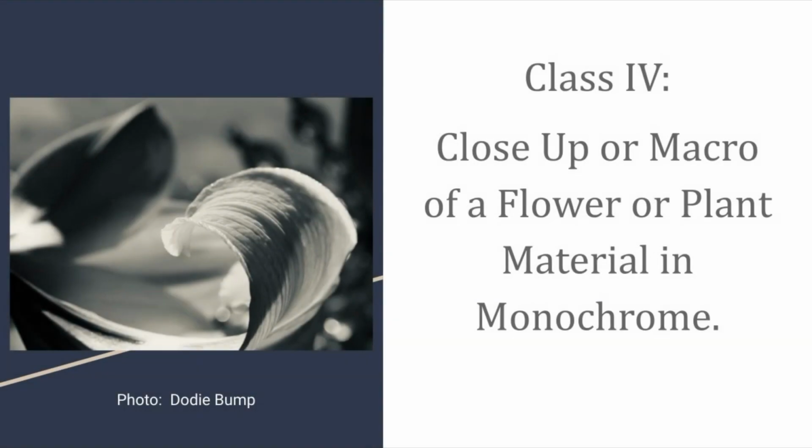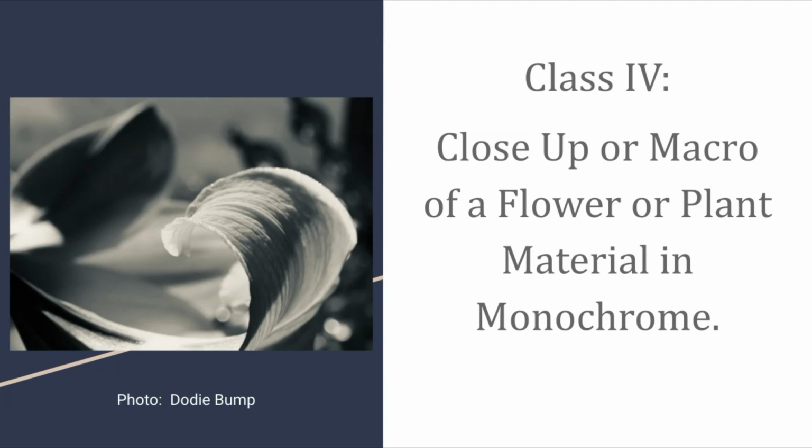Class 4 is a close-up or a macro of a flower or plant material in monochrome. The official GCA definition of monochrome is if it gives the impression of having no color.